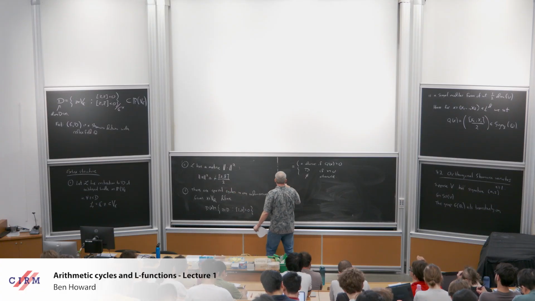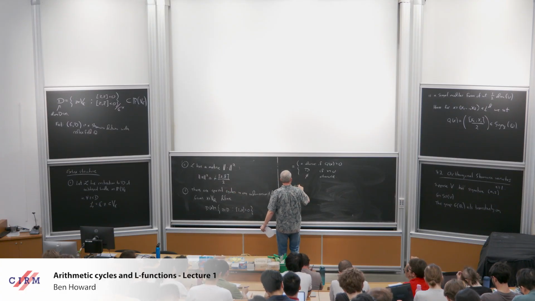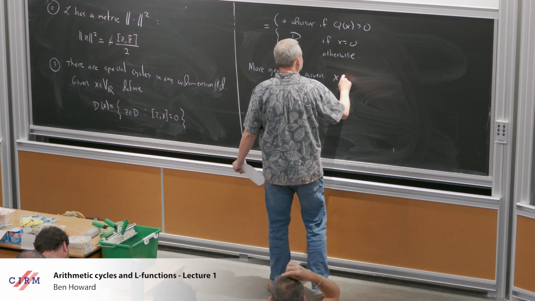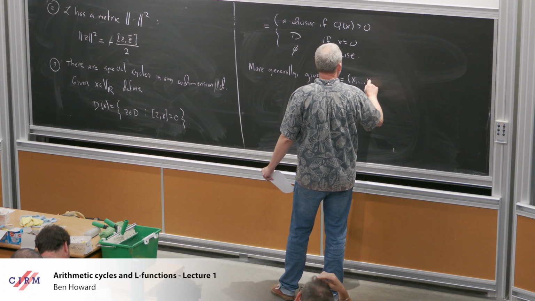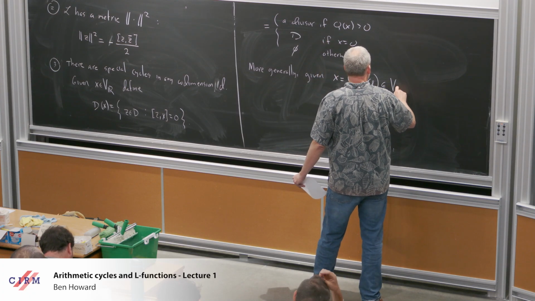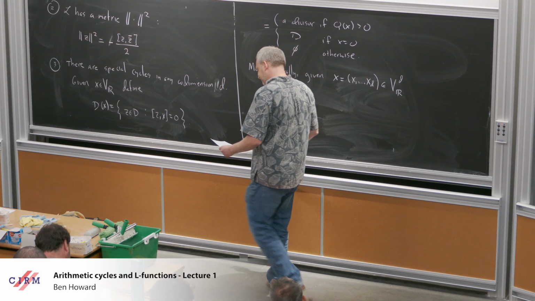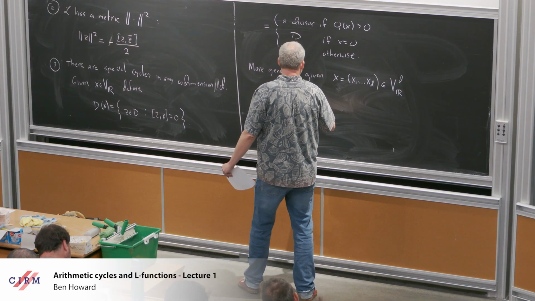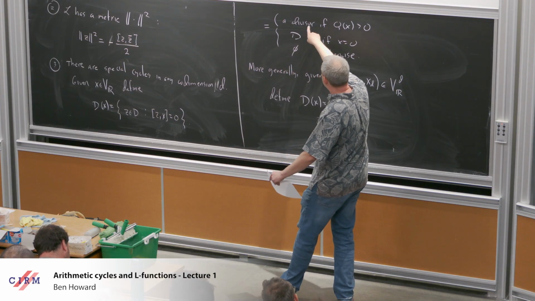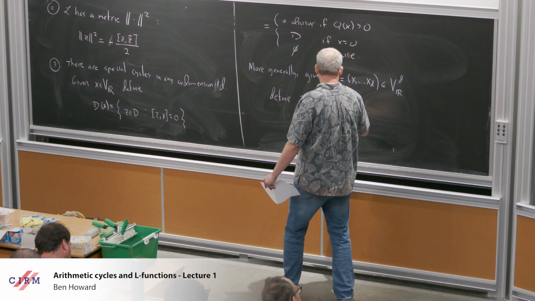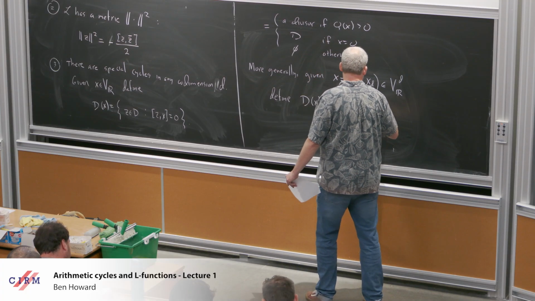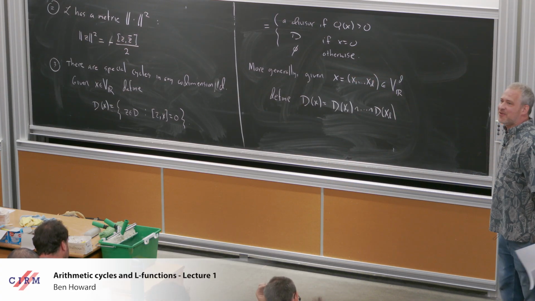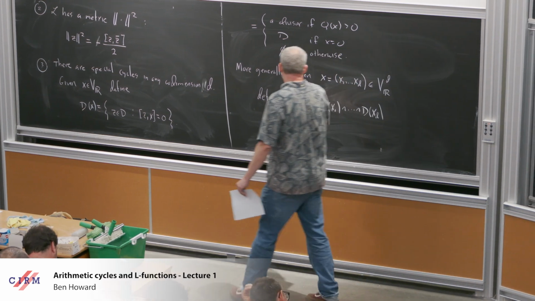And then more generally, if I give you a d-tuple of vectors, we're just going to define D of x to be the intersection of the usual divisors associated to the components. You can intersect them in the naive set theoretic sense or in the sense of a complex analytic space, and you'll get the same thing.